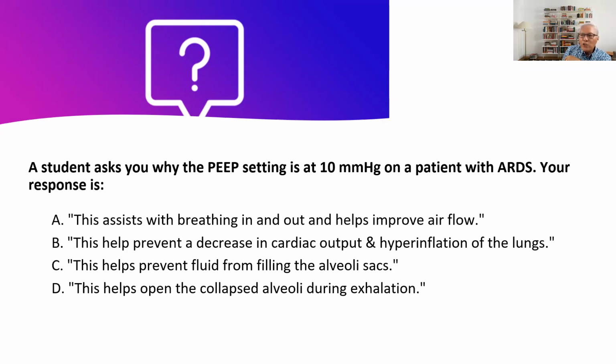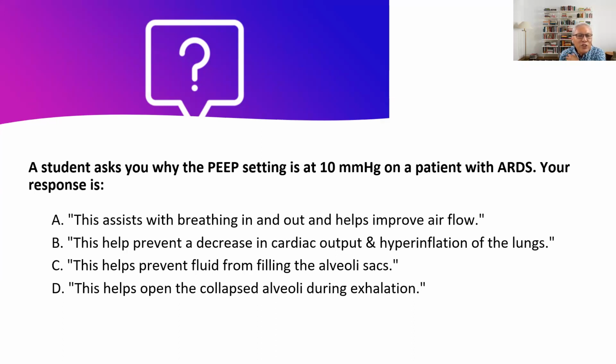So a student asks you why the PEEP setting is at 10 millimeters of mercury on a patient with ARDS. Your response is? I got a response from Marcellus and Rhiannon.